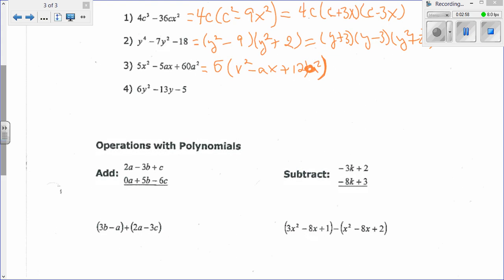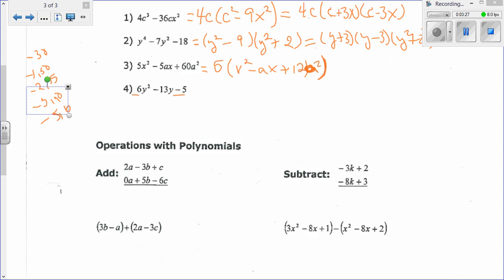For number 4 is our factor by grouping. So I need to multiply the 6 by the negative 5, and that gives me negative 30. And my factors of negative 30 are negative 1 and 30, negative 2 and 15, negative 3 and 10, negative 5 and 6.